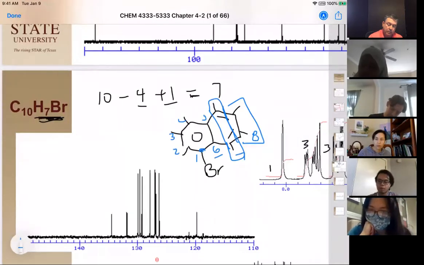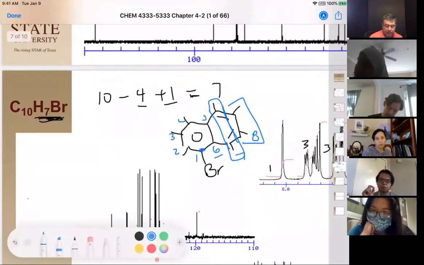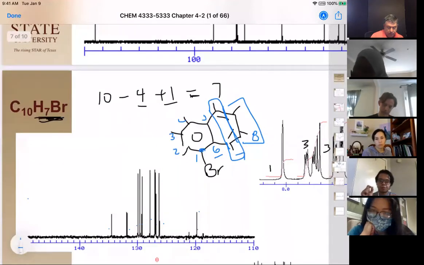These are going to be different because of where the bromine is. So I'm thinking we have at least 8 kinds of carbon: 1, 2, 3, 4, 5, 6, 7, 8, 9. So they're not equal. So we have 10 kinds of carbon here, maybe. That looks like 2 peaks there. So we have 10 different kinds of carbon, so we don't have a symmetry element in it.